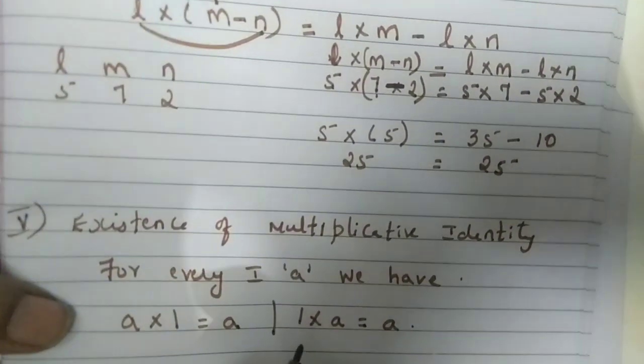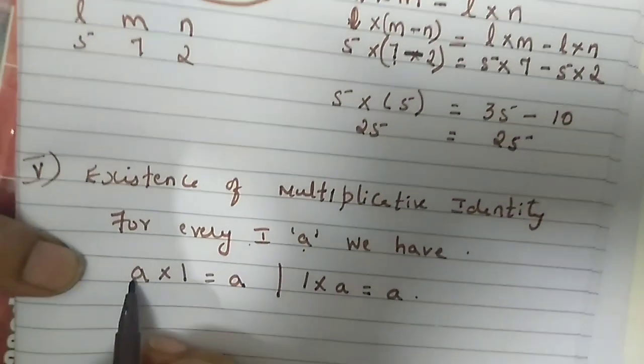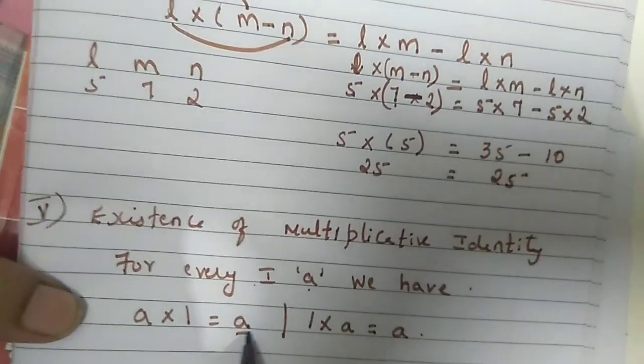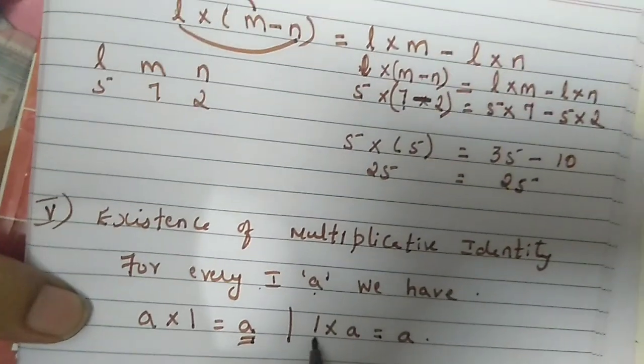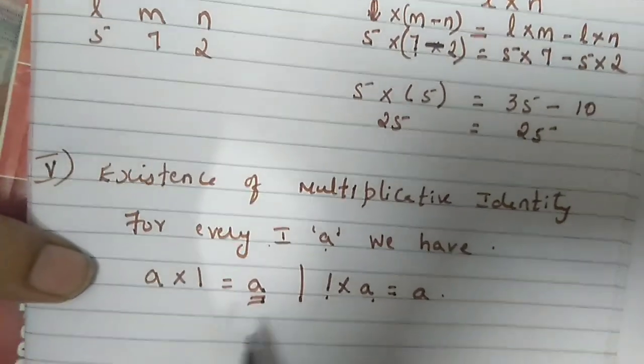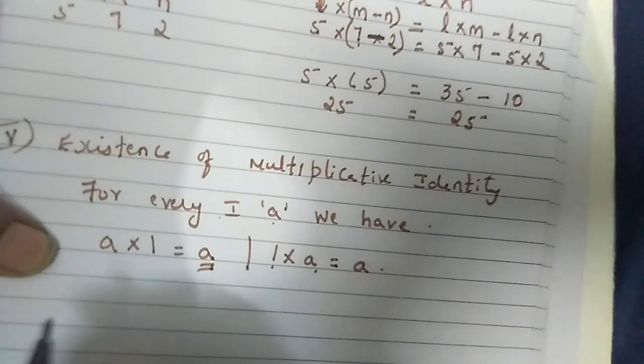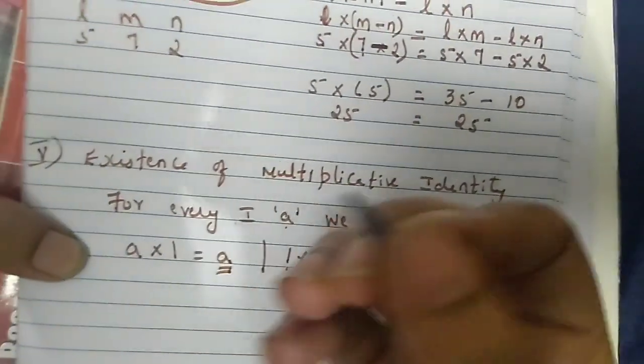This is called the existence of multiplicative identity. So multiplication of every integer with 1 will always give you the integer a itself.